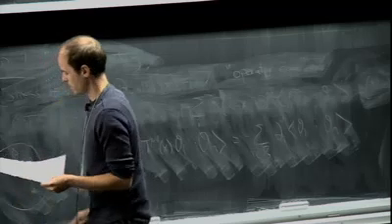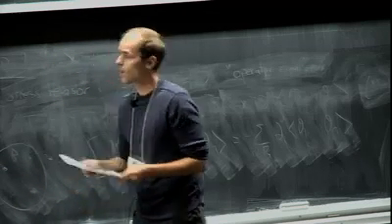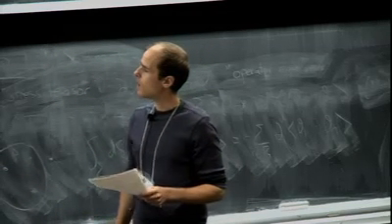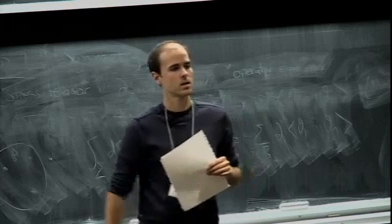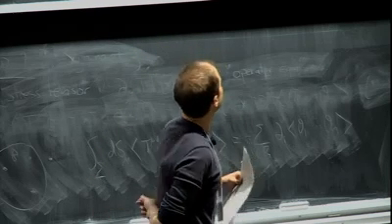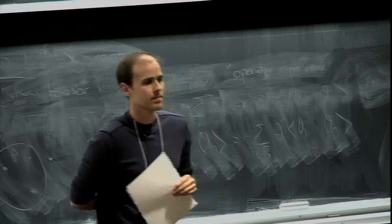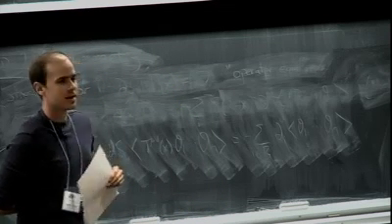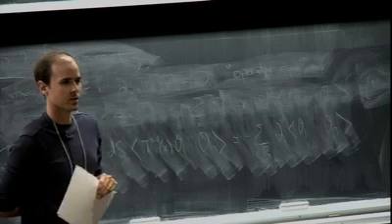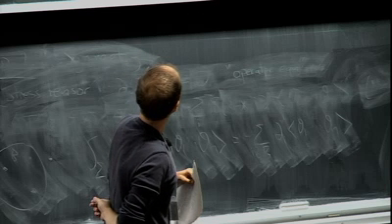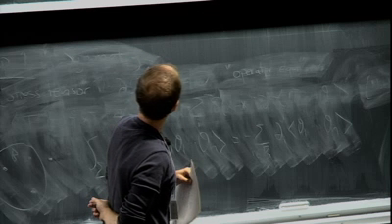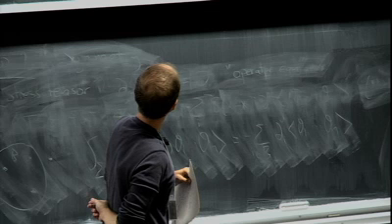Okay. Are there any questions at this point? Yes. Yeah, that will be a consequence of unitarity. For now, I'm just writing it so that we can interpret these commutation relations.